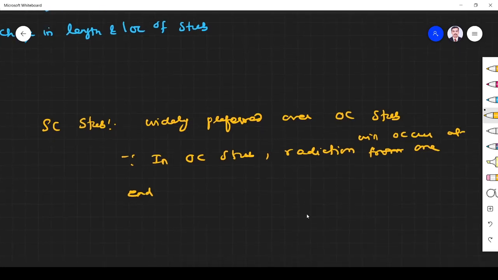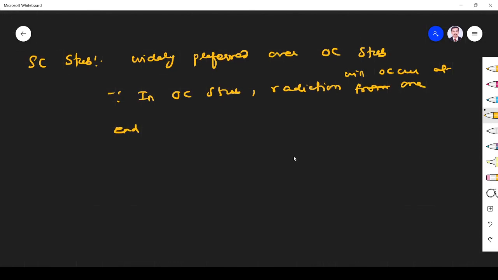Next, we should learn about Smith chart. What are the important points to be noted in Smith chart?